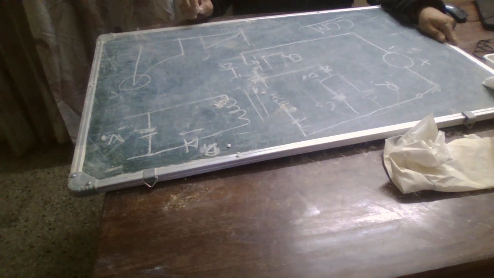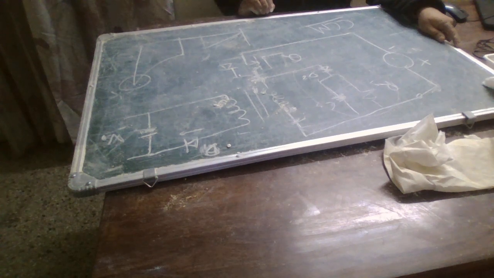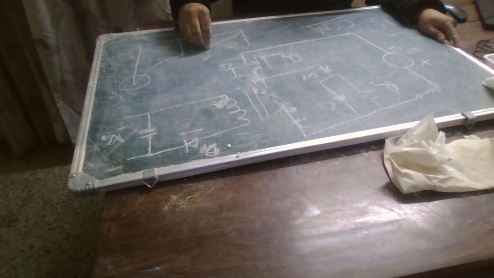This was only by a self-claimed method to predict the transformer saturation, because transformer saturation is the condition that we want to avoid during the flyback converter operation, the working circuit operation. We do not want our transformer to get saturated.